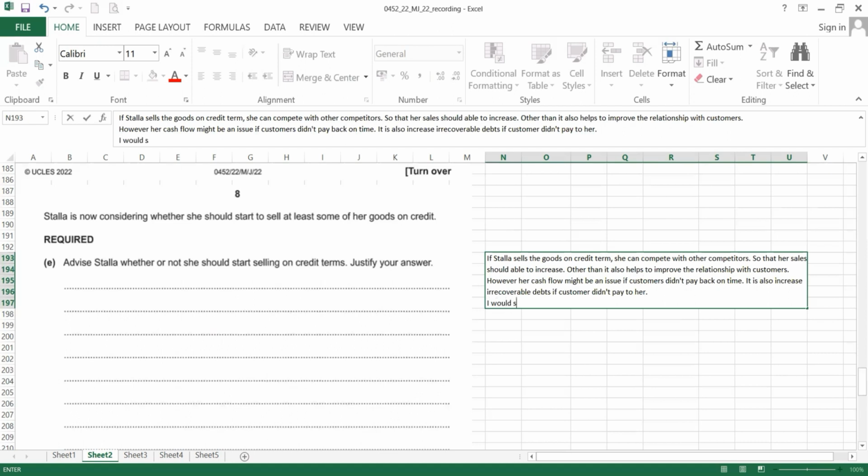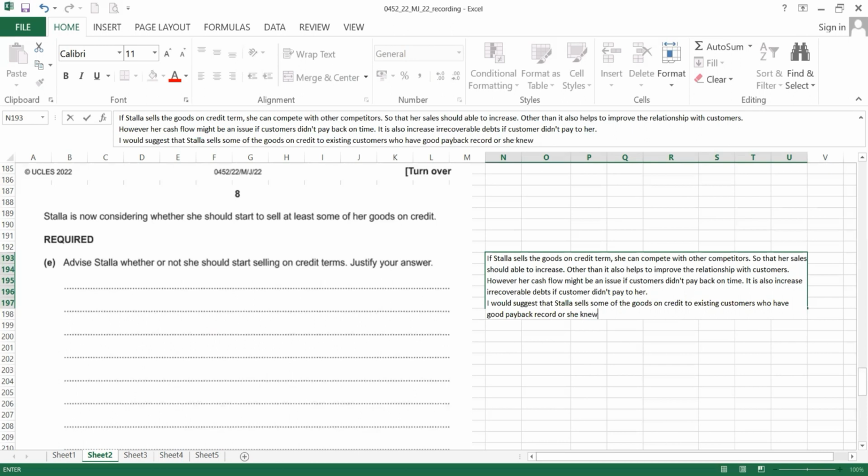I will suggest that Stella sell some of the goods on credit to existing customers who have a good payback record, or she knew them well before credit terms are given out.